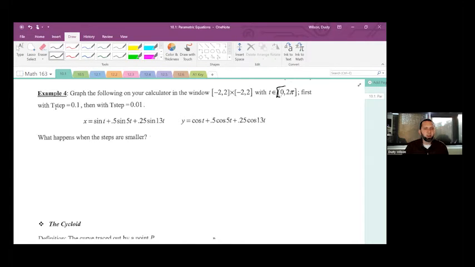And here are our kind of ugly equations. x equals sine t plus 0.5 sine 5t plus 0.25 sine 13t, and y equals cosine t plus 0.5 cosine 5t plus 0.25 cosine 13t. And we want to know what happens when the steps are smaller.